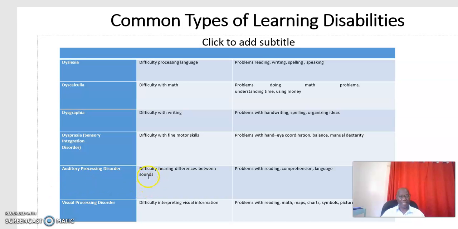These are learners with difficulty hearing differences between sounds, such as problems with reading, comprehension, and language. And finally, we have a learning disability known as visual processing disorder. These are learners who have difficulty interpreting visual information, such as problems with reading, math, maps, charts, symbols, and pictures.